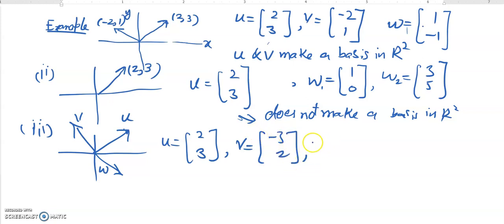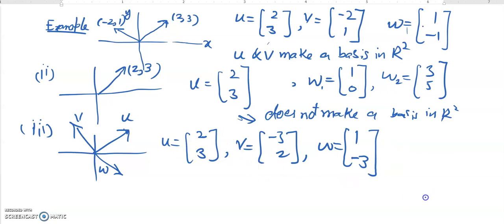The numbers do not matter, just for illustration purposes. W maybe you can take like (1, -3). So can these 3 vectors make a basis in R2?